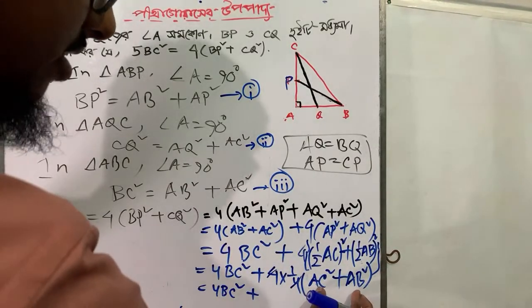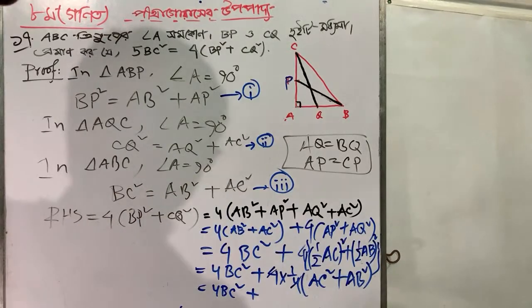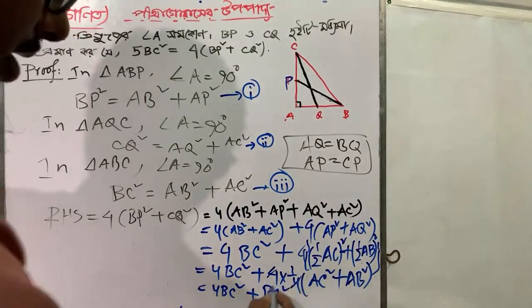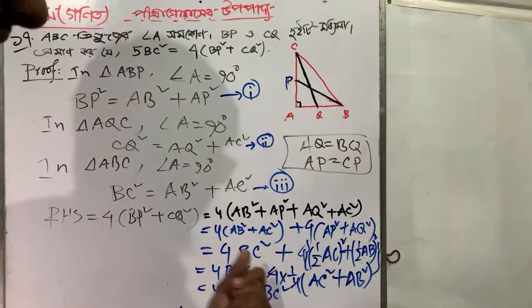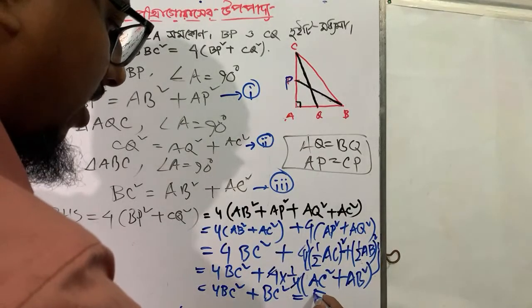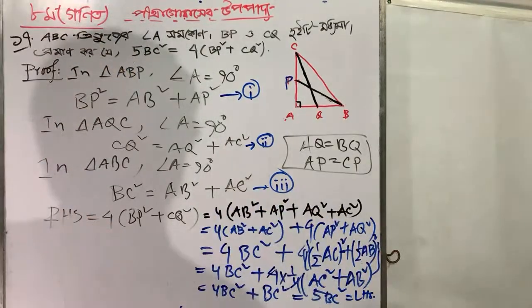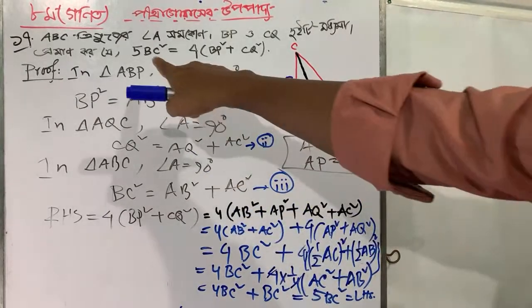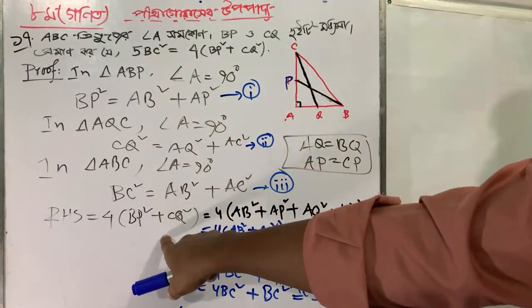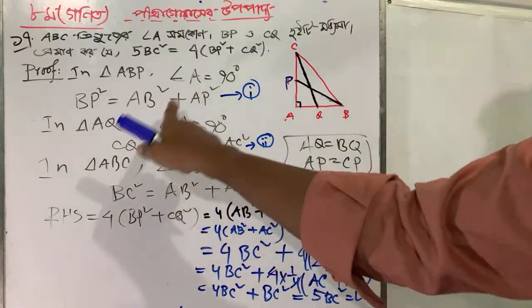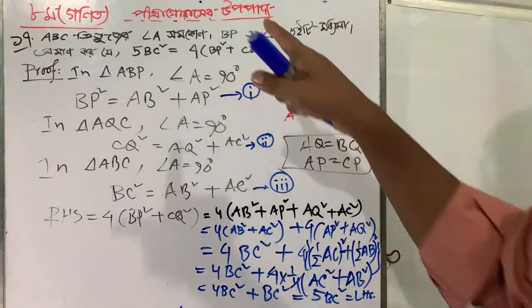And I have AC square plus AB square equals to BC square. Hence, 4 BC square plus 1 BC square gives me 5 BC square. That is the left hand side that we have to prove. We could have started from the left hand side, and then using equation 1 and 2, we could have reached the right hand side.